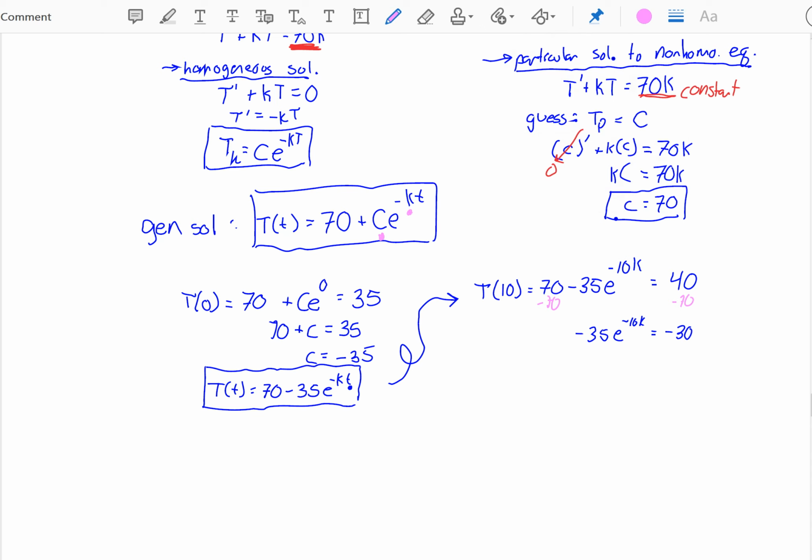And then you're going to divide both sides by 35 to get e to the negative 10k, and you'll have 30 divided by 35. Now I'm going to write my answer here to 4 decimal places, but you might just want to leave it as a fraction to avoid rounding error. To 4 decimal places, you're going to get 0.8571.